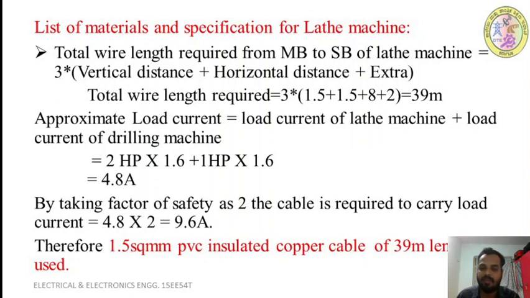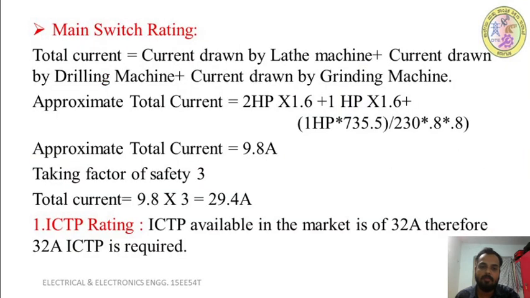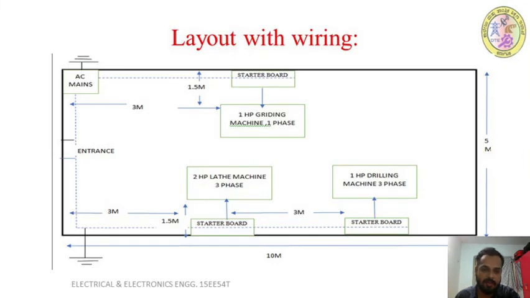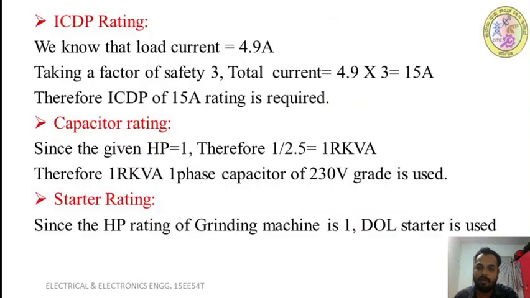This 1.5 is the vertical rise from your main board to the horizontal run level, and this 1.5 is the vertical drop from your horizontal run level to the starter board of your lathe. What is the distance from your main board to the starter board of your lathe? You can see in this diagram, from here to here the distance is 5, and from here to here the distance is 3, so 5 plus 3, that is 8 meter. That is what we have taken here.